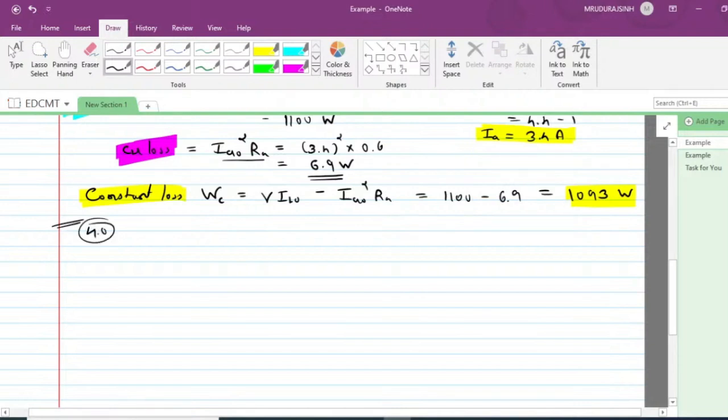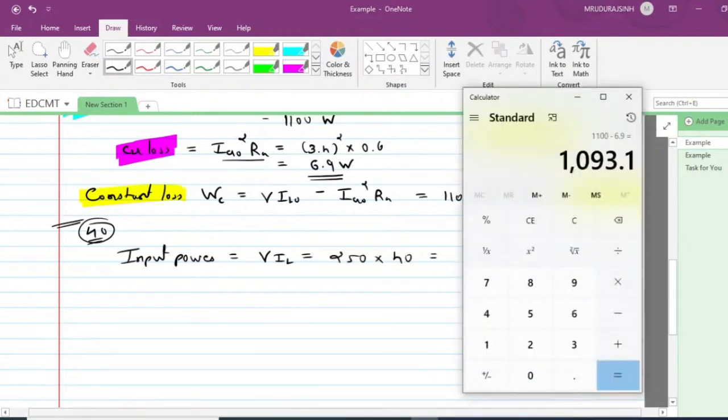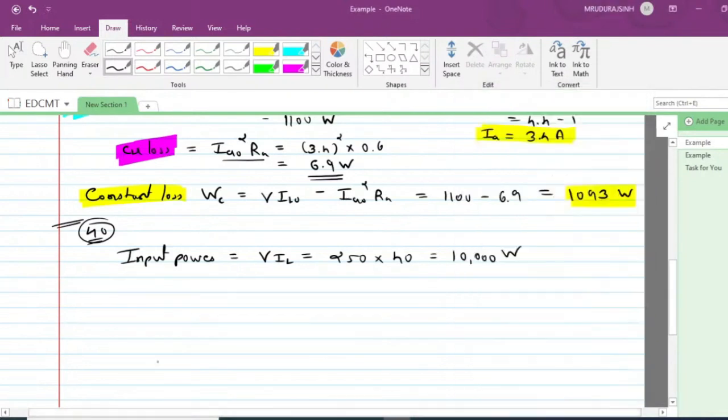When supply draws 40 ampere, the input power is V into I. V is 250 volt and I is 40 ampere. This is very simple to calculate. 250 into 40 gives us 10,000 watt. So this 10,000 watt is total input power.